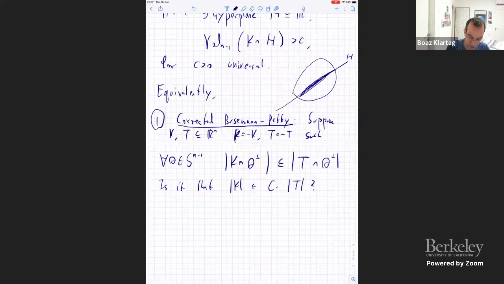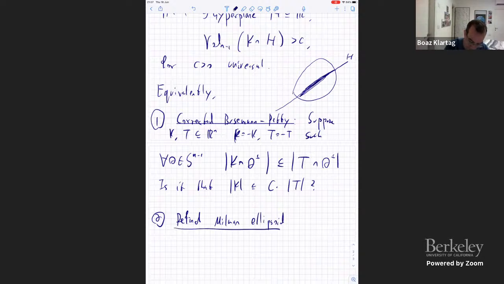The second equivalent formulation is, let's say, the refined Milman ellipsoid or M-ellipsoid. This is the following question. So again, K in R^n is convex, volume 1.